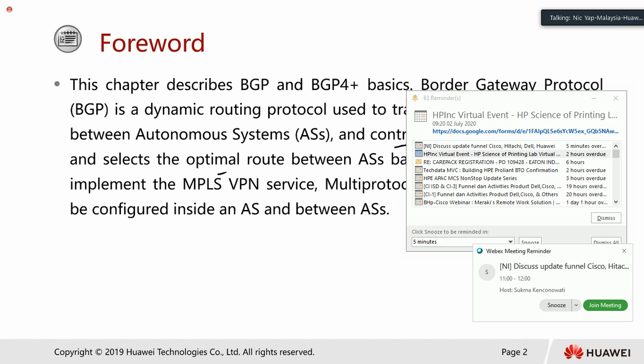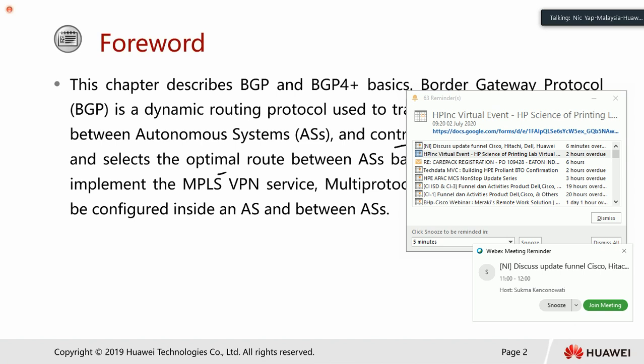But for BGP, it's more about how you control the route, which route you should use, either you accept this or do not accept this. It all depends on how you control the route information. And select the optimal route between the ASs. When you have control already, this is what you can get. Then next, based on that, I will specify which is the best path, which is the optimal route for me to access the destination.